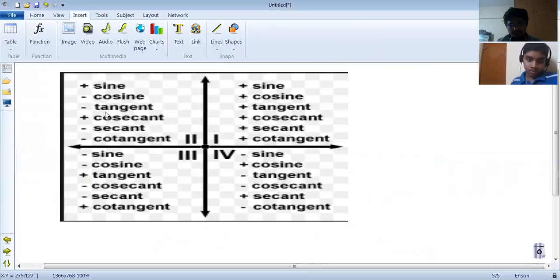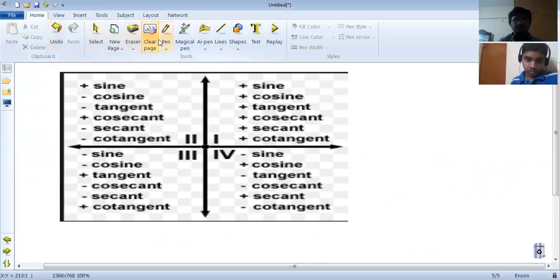Just try to remember, if you are not able to remember all this stuff, just remember sine, tan, and cosecant. Is there a trigonometry table for tangent? Yes, it is there.